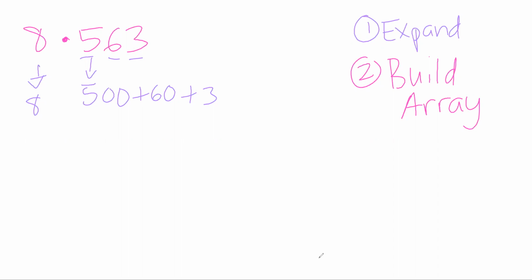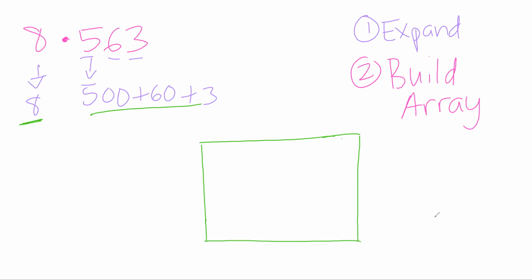Okay. So let's build that array, which again, just means I'm going to build a rectangle or a square. I kind of find the rectangle to be helpful. And then we think about what our numbers represent, right? As I've said before, the first one can be our columns, or it can be our rows. It doesn't matter. And the next one could be our rows.